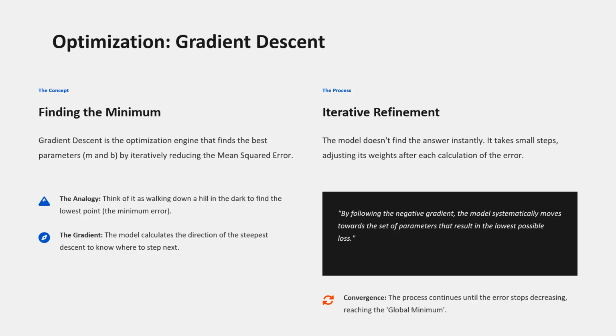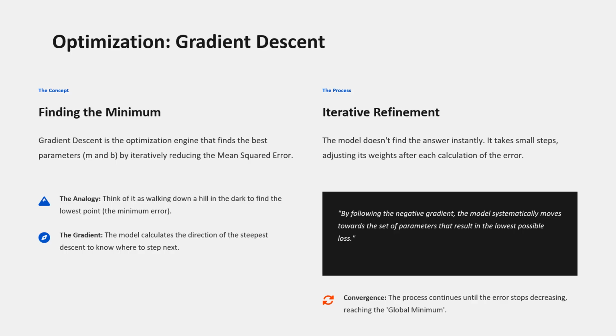So think of it like you are blindfolded on a hill trying to find the lowest point on the hill. You feel around and go step by step, taking the steepest downward slope and taking a small step in that direction. Now you keep repeating this same procedure until you find the lowest point. So gradient descent does exactly that, but it does it mathematically.